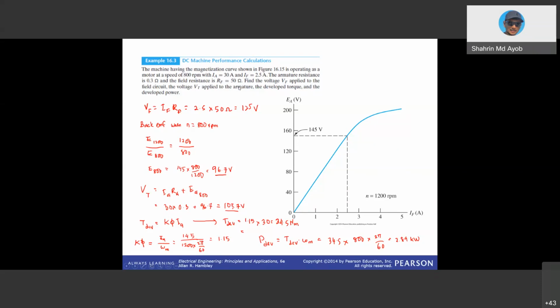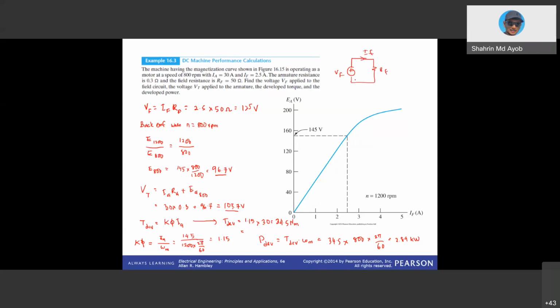So right now we don't know what type of motor it is, but I think it is not very important because it has given you the values of IA and also IF. To get the VF, it's very simple because we know the field circuit is a very simple circuit: just VF and then you have only RF, and this one is your IF.